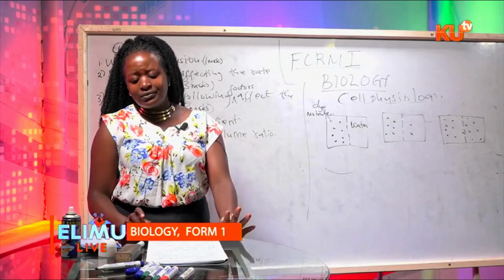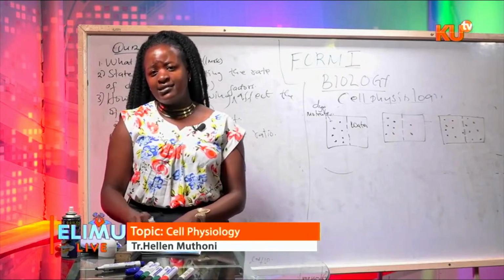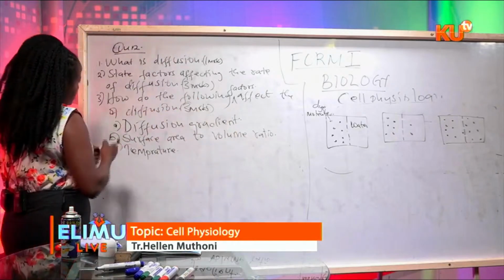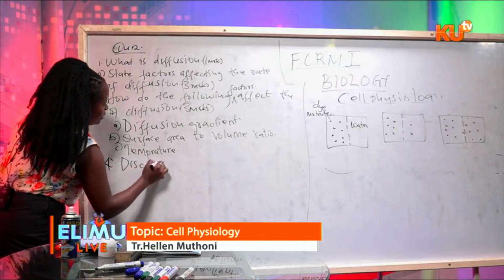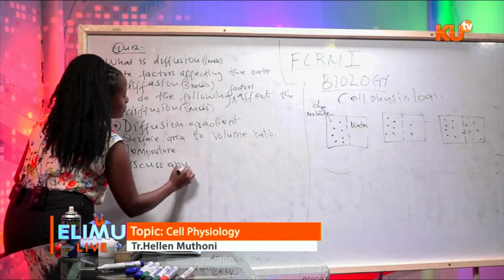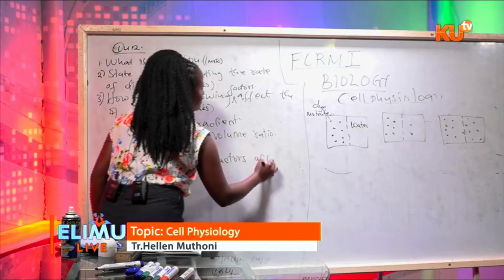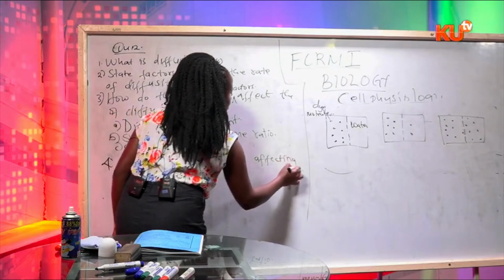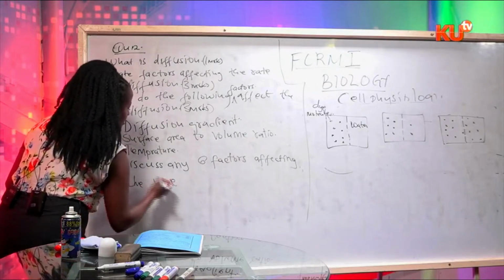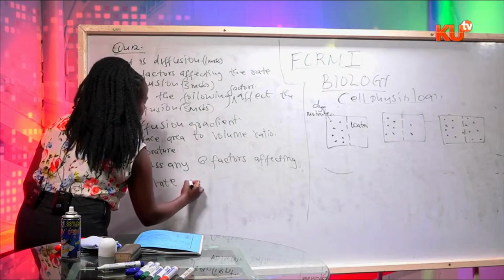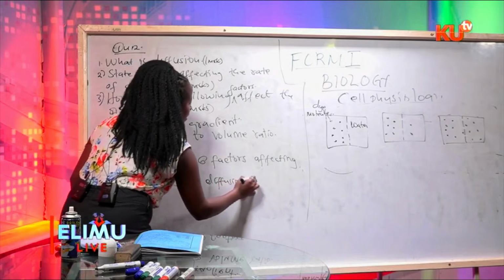And lastly, this question can be asked as an essay, where you can be asked to discuss any 6 factors affecting the rate of diffusion. 12 marks.